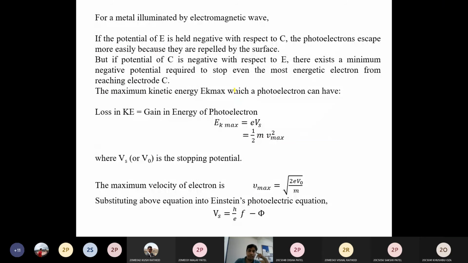Based on that, we have two equations, for V maximum or nu maximum. With the help of these we can calculate the maximum velocity of the electron, as well as Vs, the stopping potential.